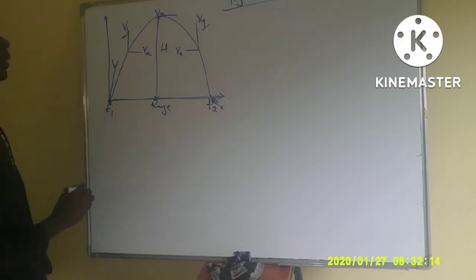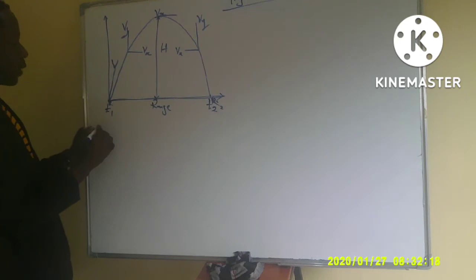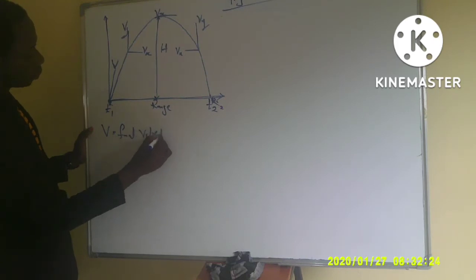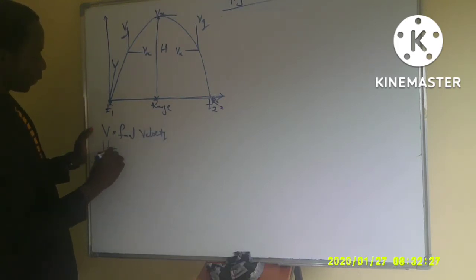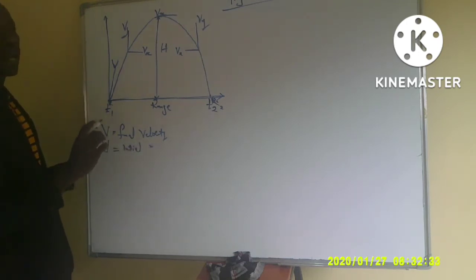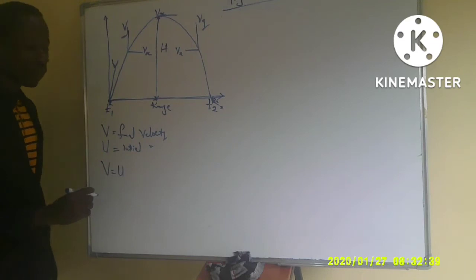You need to understand that in resolving this, we have the final velocity, then we have the initial velocity. There's a point whereby at uniform velocity, the final velocity becomes equal to the uniform initial velocity.